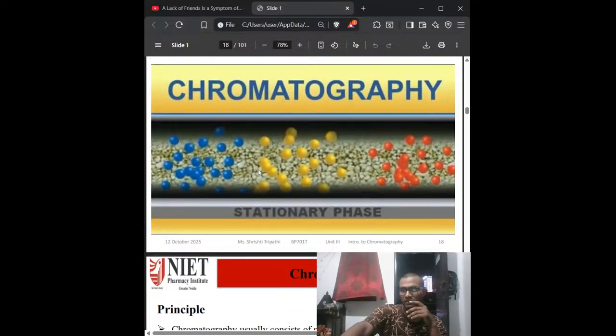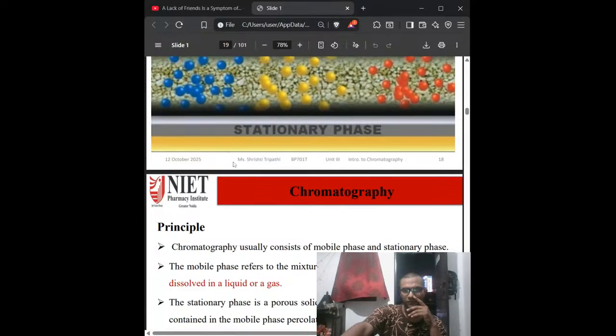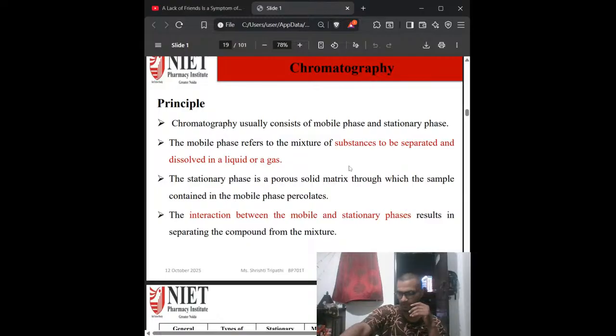Now chromatography, the principle. I think there is a video, but I do not want to see that video. Chromatography usually consists of a mobile phase and a stationary phase. The mobile phase refers to the mixture of substances to be separated, dissolved in a liquid or gas.